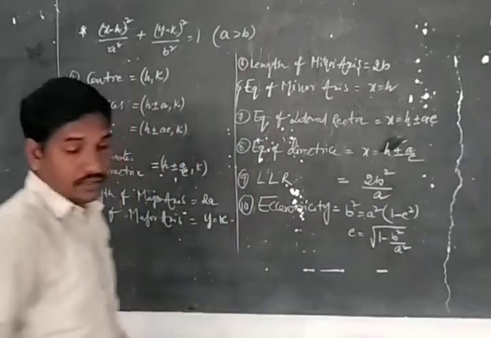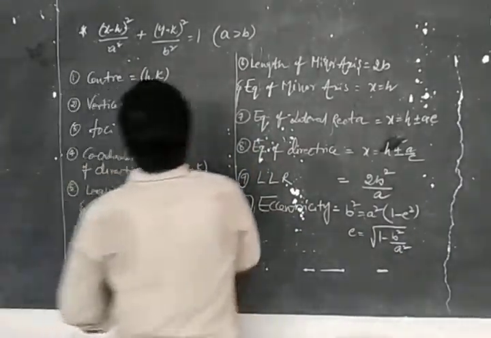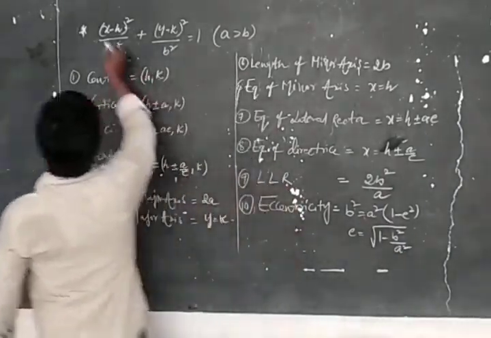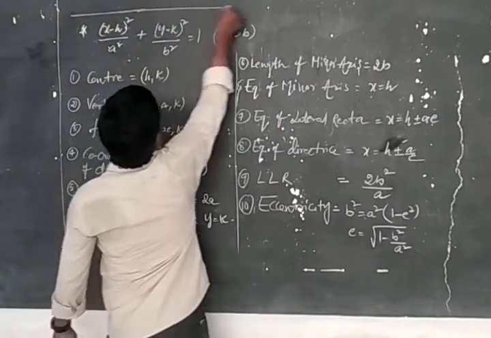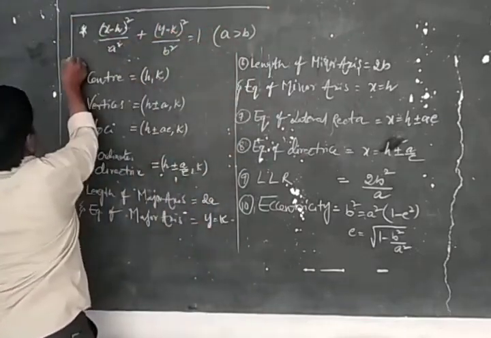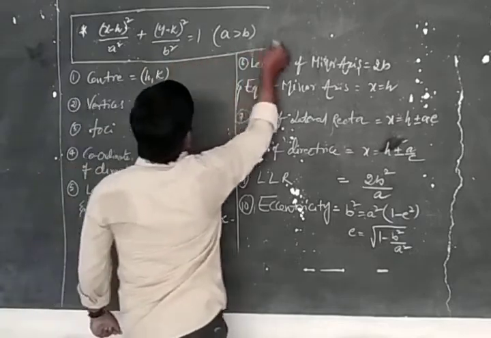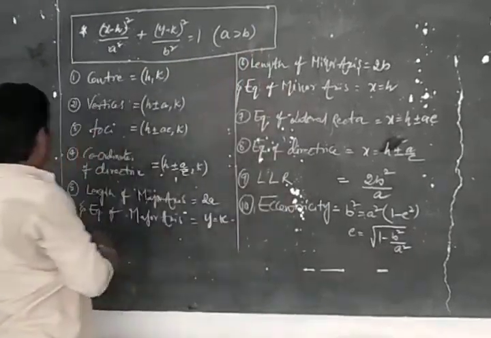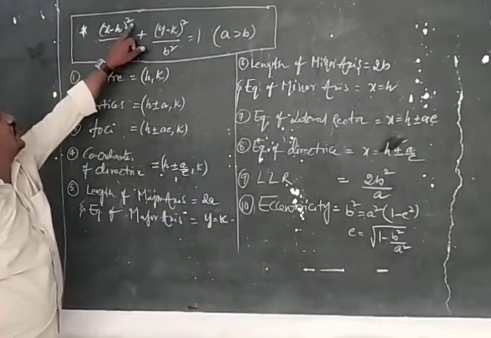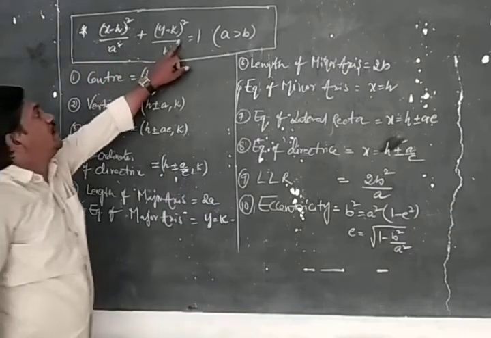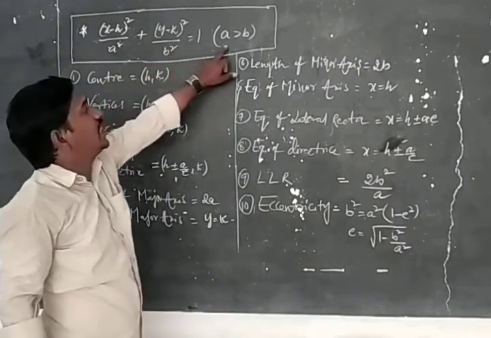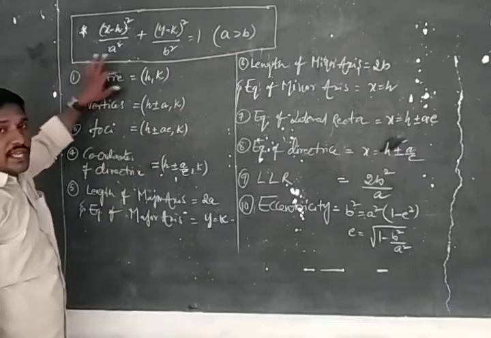Okay, look at x minus h whole square by a square plus y minus k whole square by b square equal to 1, a greater than b. So center h comma k. Why?